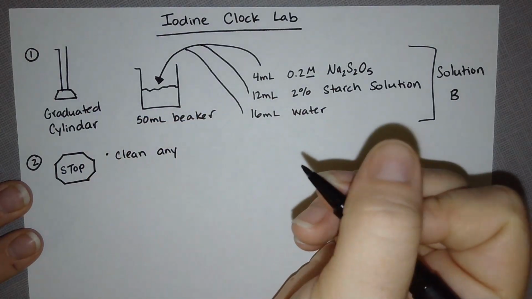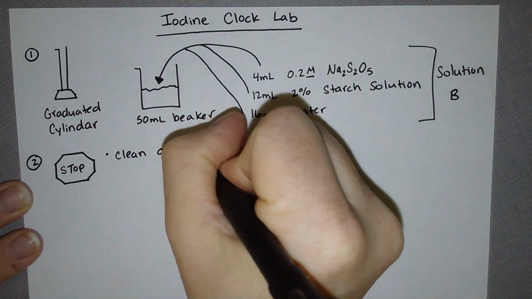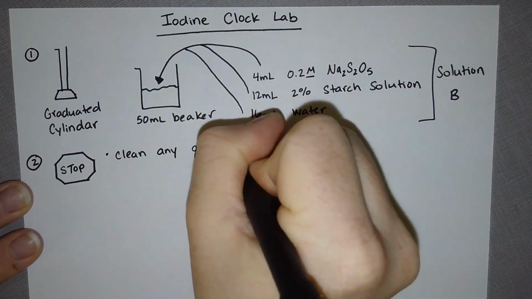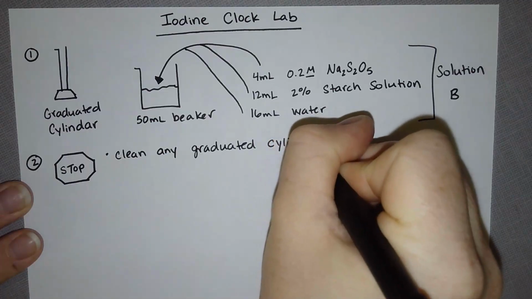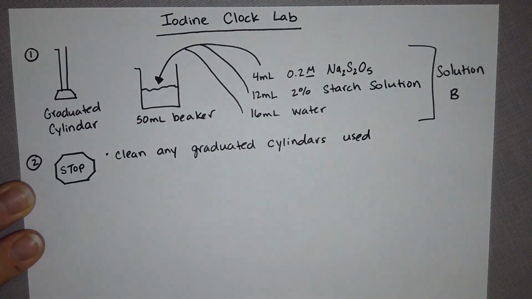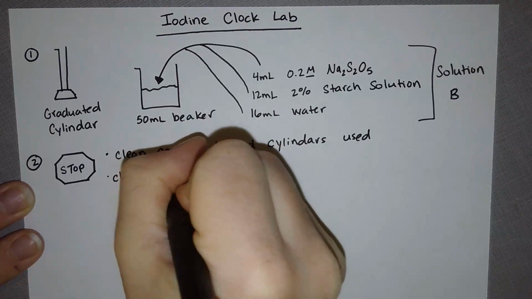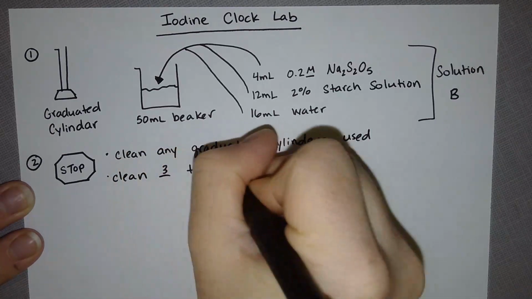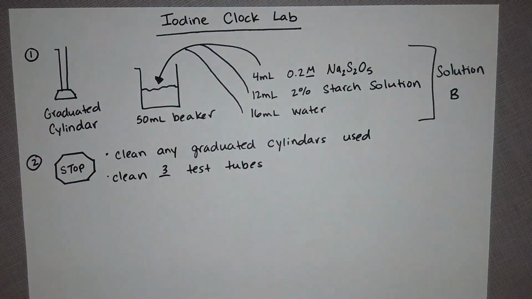And the only thing you should have used is graduated cylinders, but clean any graduated cylinders that you used. And we also do want to go ahead and clean 3 test tubes at this step. The test tubes are what we are going to put the next solution, solution A, into, and we want to make sure that we are starting with clean materials.